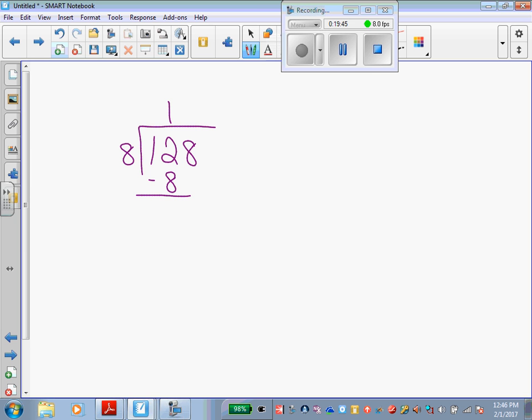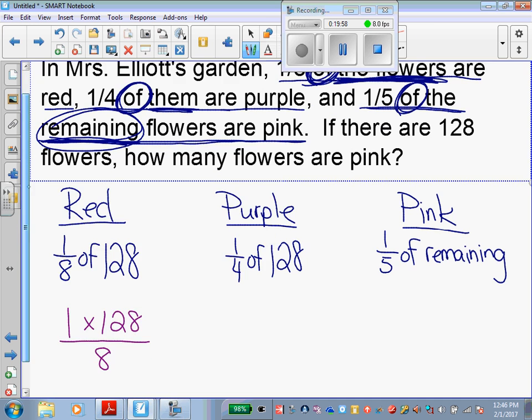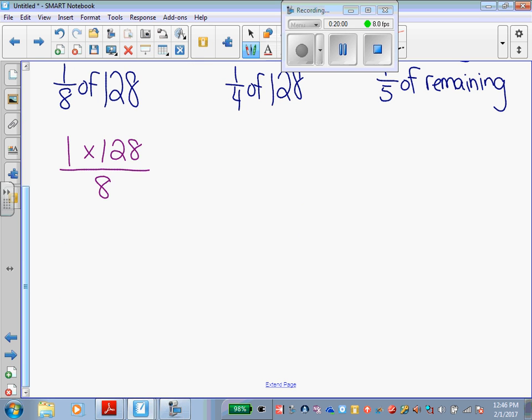12 minus 8. Bring down our 8. How many times can 8 go into 48? Okay, do I need to finish this division problem? No. Not really. All right, so we have 48, and then 48 times 1 is 48.